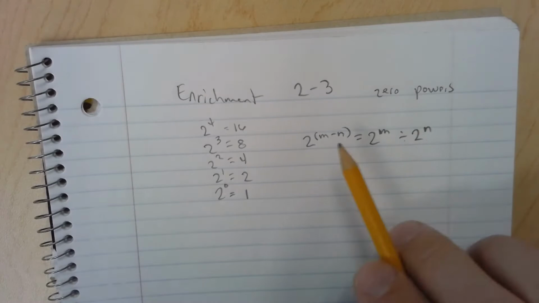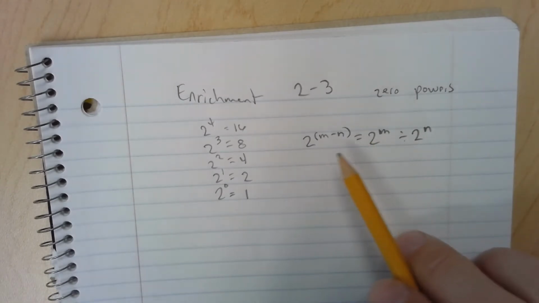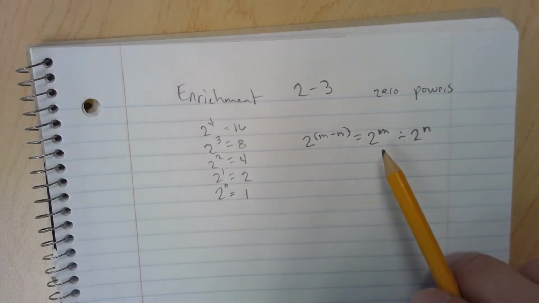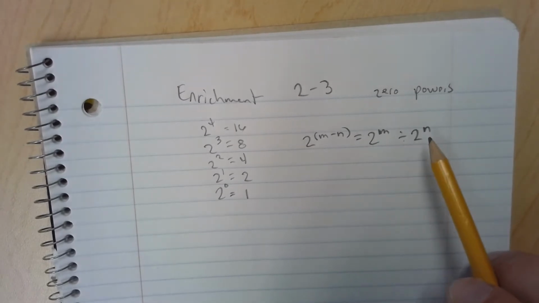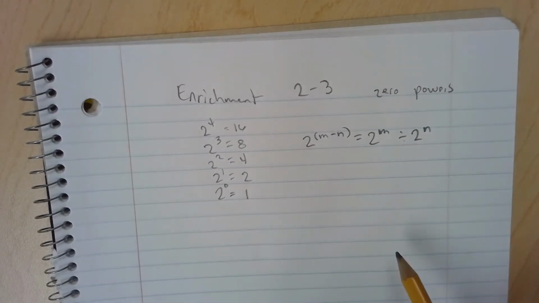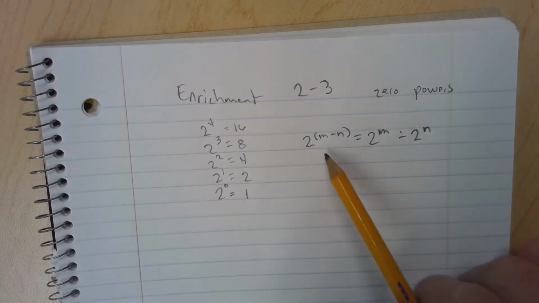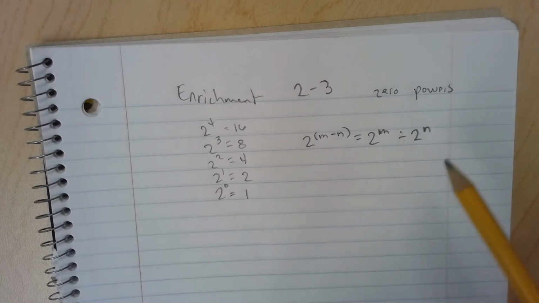But what if m and n were equal? What if they were both m's? Well, you would have 2 to the m minus m, and m minus m would be 2 to the 0. Now, over here, if we think about it, 2 to the m and 2 to the m, well, that divided by each other, something divided by itself will be 1. And so this is proving that this should also be 1.